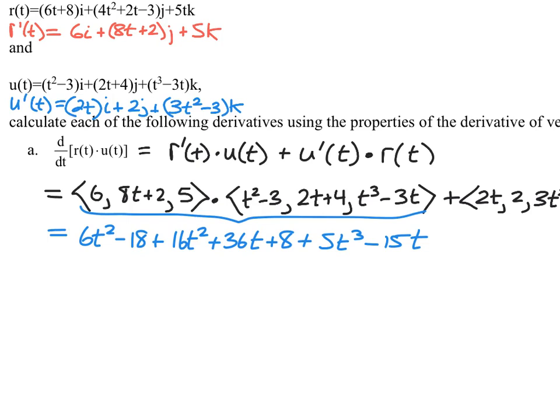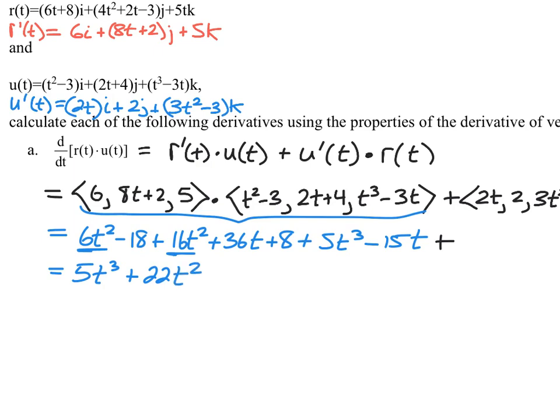All right. And then in a minute I'll add that to the other mess, but while I'm here I might as well just clean it up a little bit. Get my like terms. So it looks like I have just that lone 5t cubed. It doesn't look like I have anything I can combine with that, but I have two terms that have t squared in them. So plus 22t squared.